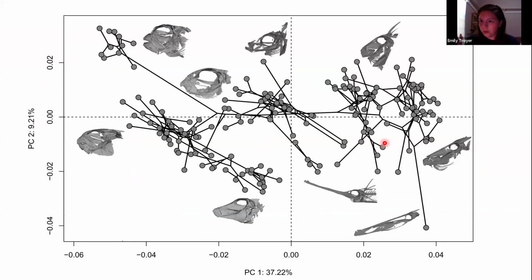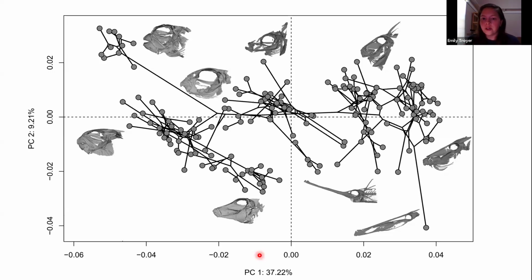All right, so what we find is that tetraodontiforms display an enormous diversity of skull shapes. In this phylomorphospace plot, each dot represents a species in our data set. Our primary axis of variation, PC1, accounts for 37% of our skull shape variance.